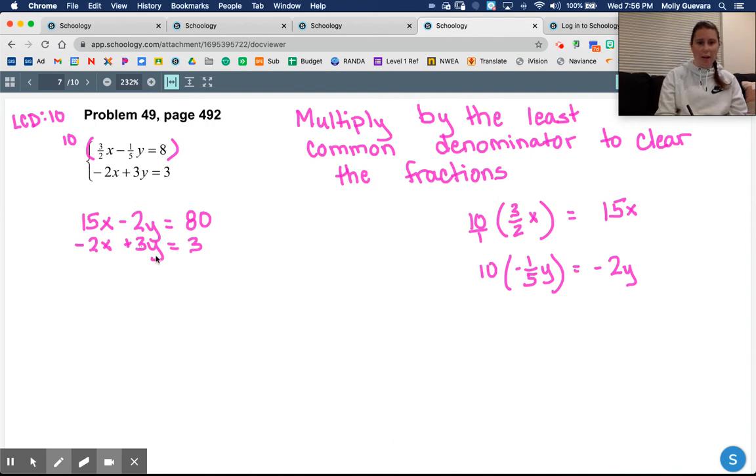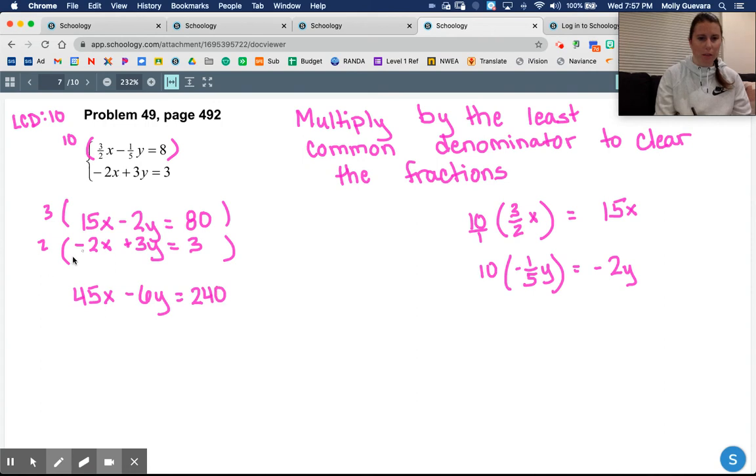I really like the y's just because the numbers are going to be smaller. So let's get negative 2 and 3 to negative 6 and 6. So I'm going to multiply this top equation by 3 and the bottom equation by 2. So 15 times 3 is 45x minus 6y, and 3 times 80 is 240. 2 times negative 2x is negative 4x, plus 6y equals 6.